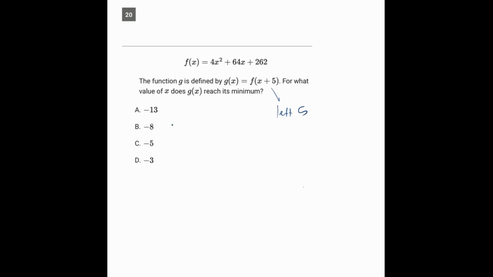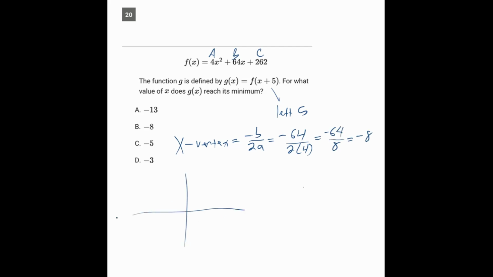So if we take the vertex of f of x, the x value of the vertex is negative b over 2a, which would be negative 64 over 2 times 4, because this is our a, b, and c. In other words, negative 64 over 8, and that's negative 8.